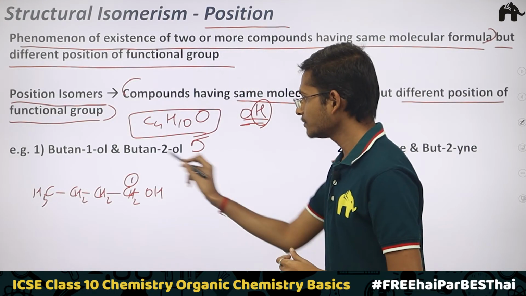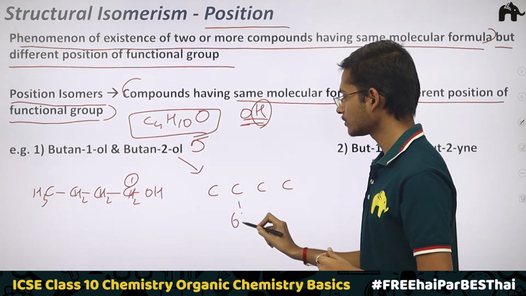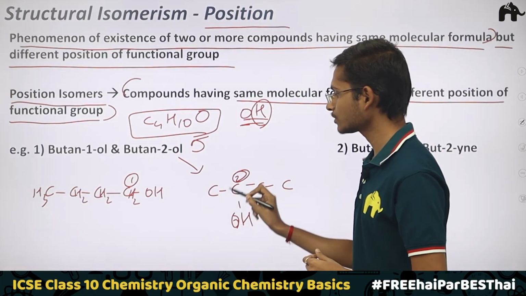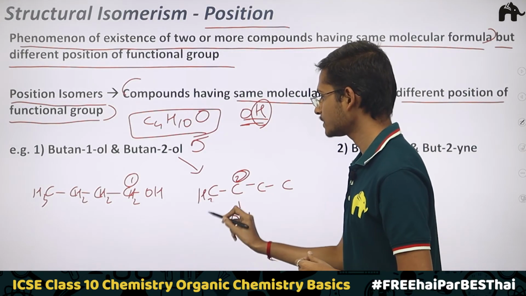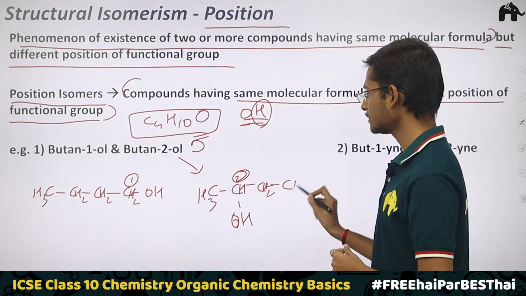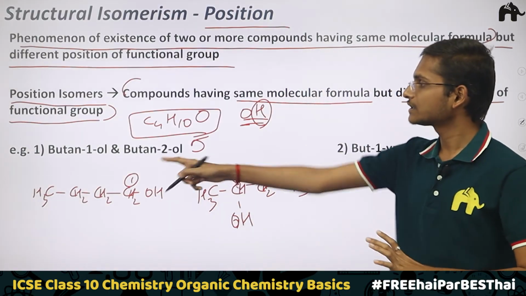In butan-2-ol, you can see 1, 2, 3, 4, the OH group is attached to the second carbon of the longest carbon chain: CH3, CH(OH), CH2, and then CH3. This is the only change between these two compounds.